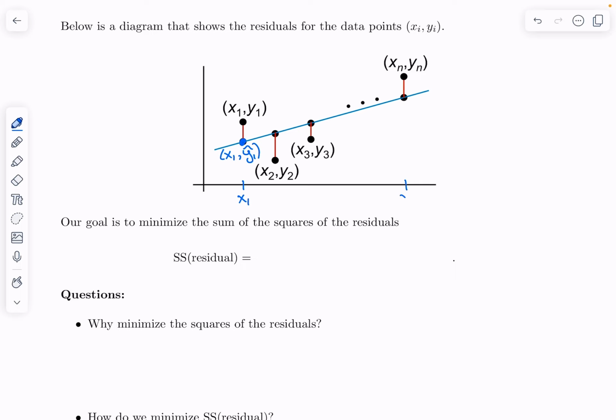This point here would be xn. The point closest is going to be xn, yn hat. How do we get that? We're going to plug in xn to our best fit line. Okay? And this point is going to be the closest point on the line to our actual data point xn, yn.